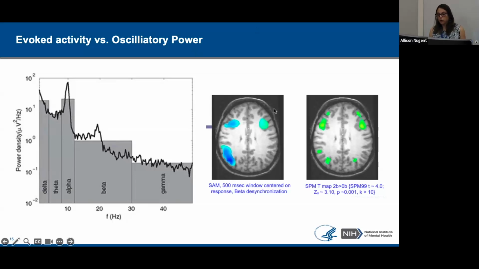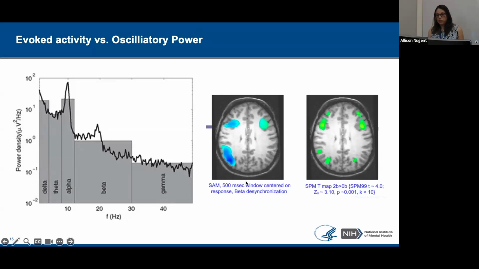So this is just an example of a study using beamforming to look at that. Instead of looking at something time locked to a stimulus, this was an n-back task, and we're looking at the oscillatory power following the stimulus presentation for a hard condition versus an easy condition.